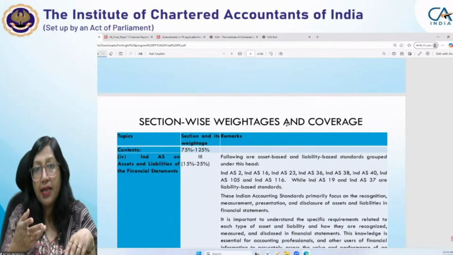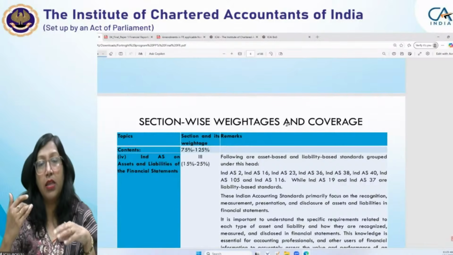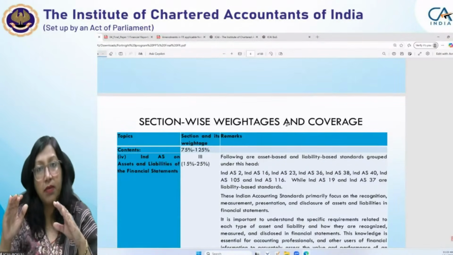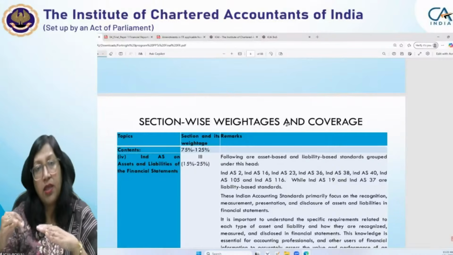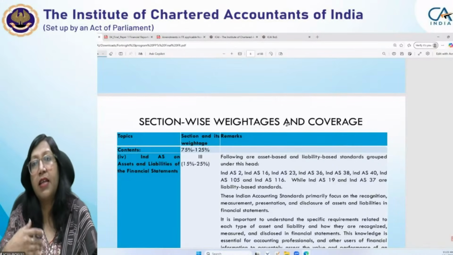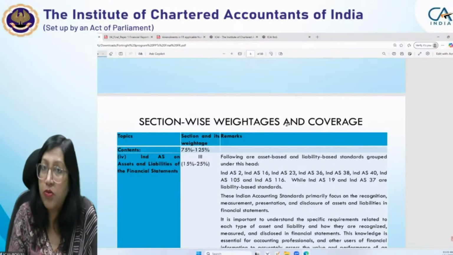Then the probability of testing Ind AS 23 in the May 26 examination becomes less. So don't give that standard priority. Give priority to other standards which have not been tested in the past 2 to 3 attempts.